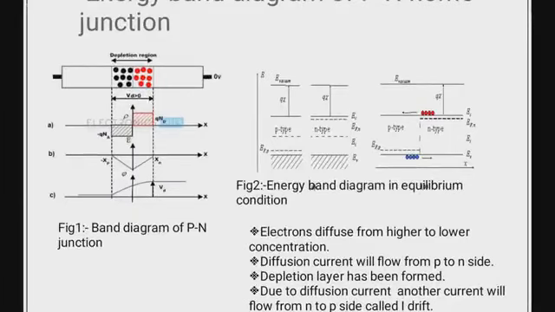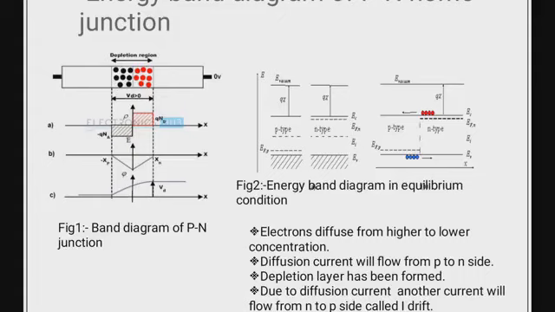Here we have seen, in the case of the n-type bead, due to the migration of electrons from n to p side, they leave some immobile ions, which are basically positive immobile ions across the p-n junction. Similarly, in the p-type bead, due to the migration of holes from p to n side, they leave negative immobile ions across the p-n junction.